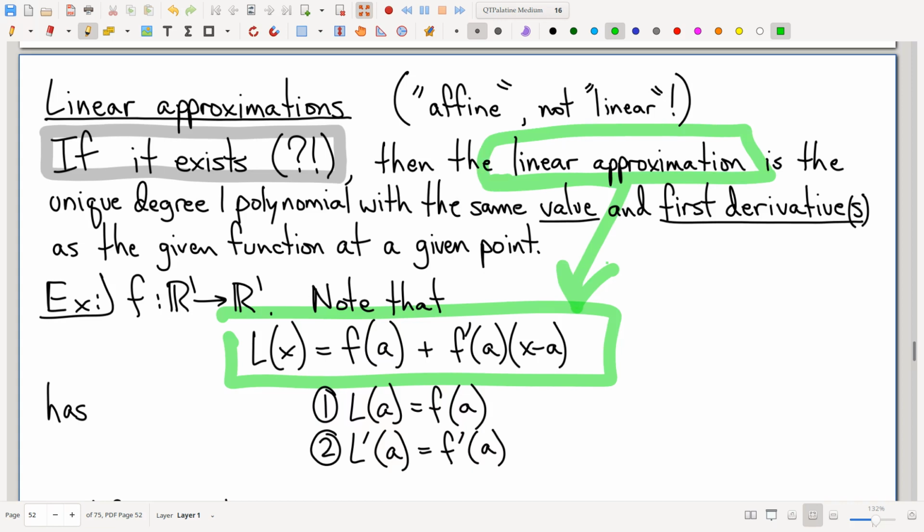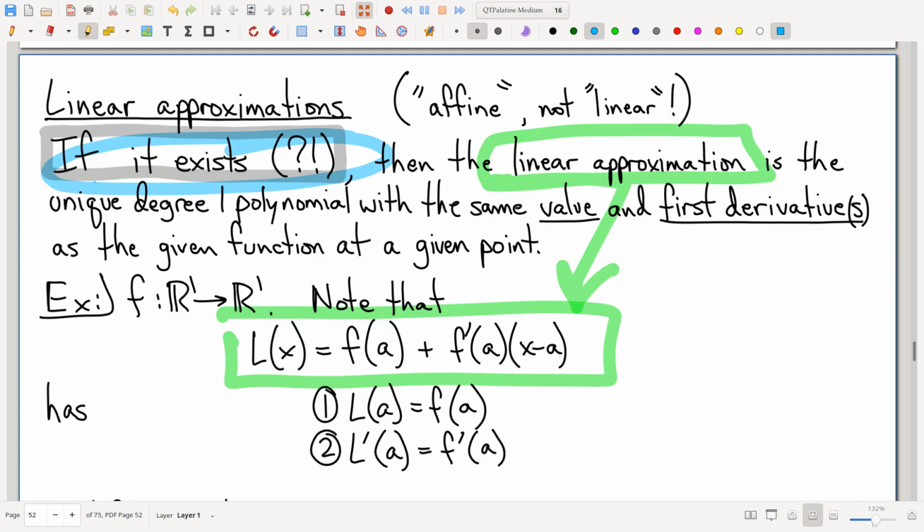There are different takes on where this comes from, how we define it, and what role it plays. I'm going to take a certain point of view that I think is most helpful to where we're at, as follows. What we're going to call the linear approximation is, by the way, we're going to assume that it exists. That's a subtle point of formality that I'm going to have to come back and talk about in a minute.